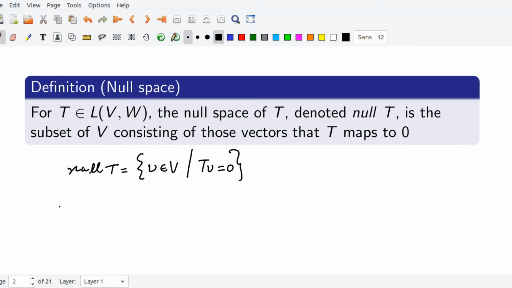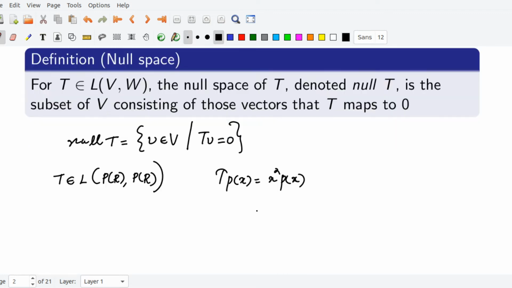Consider T an element of L(P(R), P(R)). That means T is a linear map from polynomials to polynomials, defined by T(p(x)) equal to x squared times p(x), that is, multiplication by x squared. We already proved that it is a linear map.